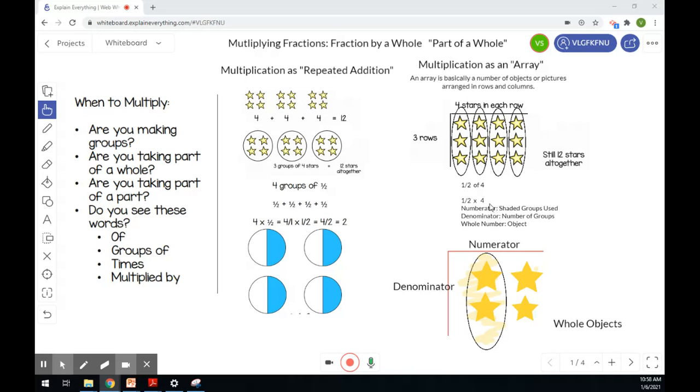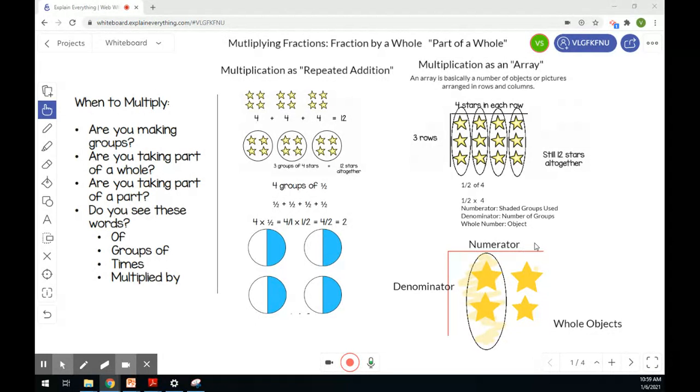So for example, if I look at the 4, I'm going to draw 4 stars. The denominator is 2. So that means I'm going to create my 4 objects and put them into 2 columns. My numerator is going to show me how much I'm going to actually use.